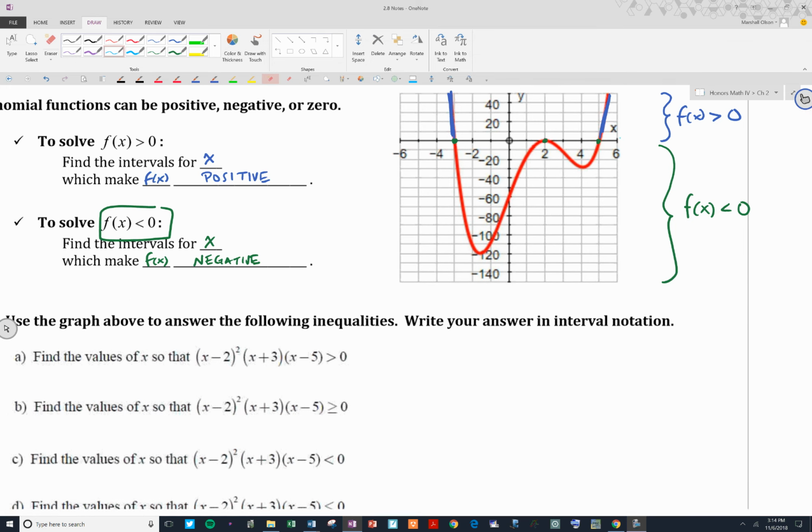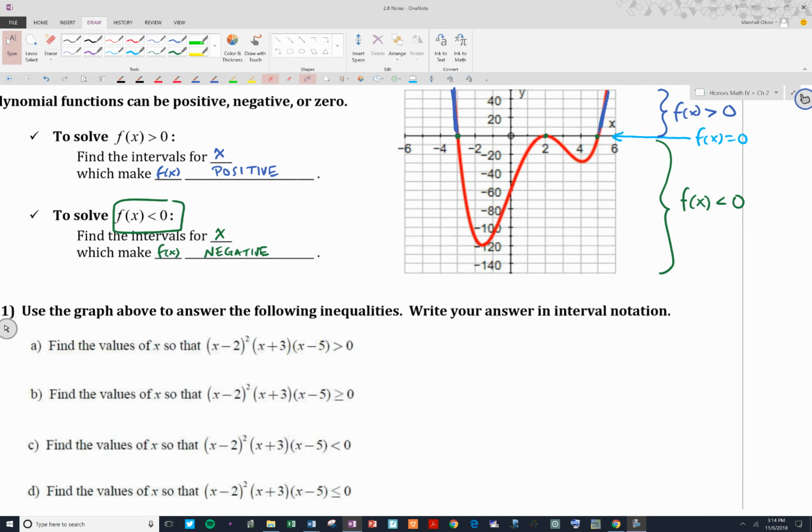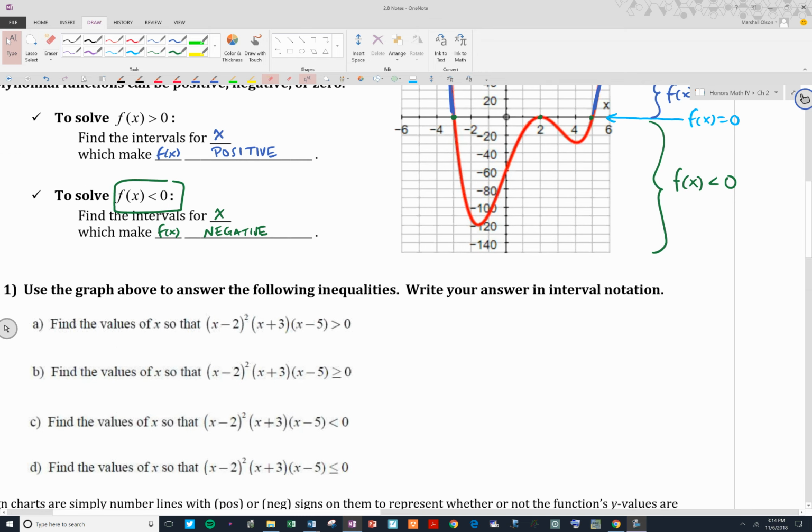So I'm just going to put a little note here too that on the x-axis is where f of x equals 0. So those are the major three things that we're going to look for. Where is it positive? Where is it equal to 0? Where is it negative?